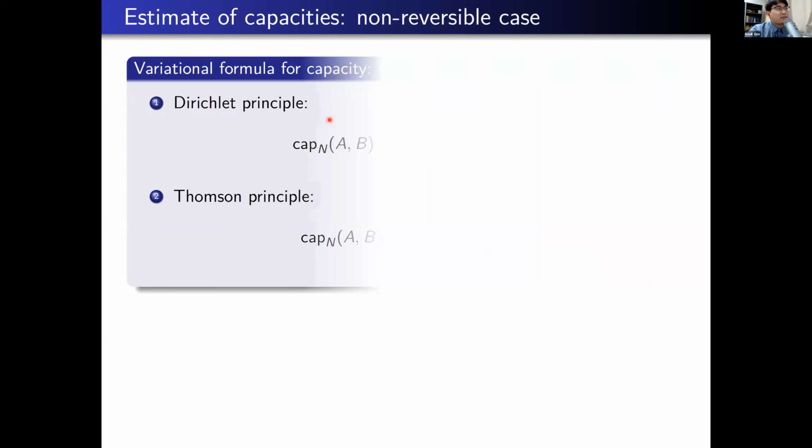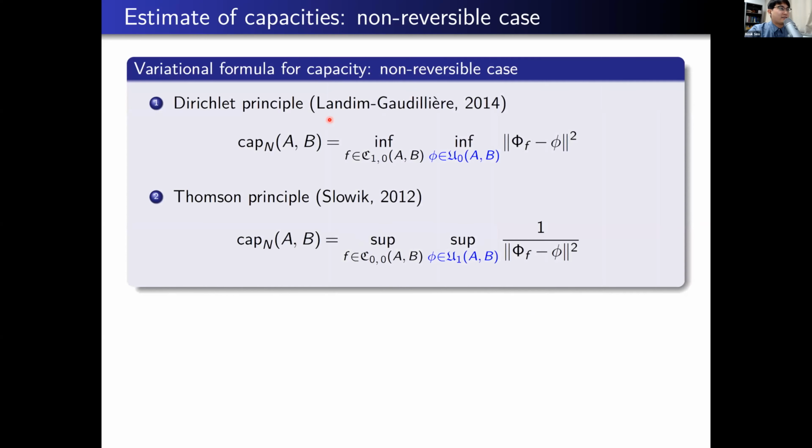However, for the non-reversible case, the story changes. We can again express capacity as a minimum or maximum of a certain quantity, so we can, in principle, do the same thing. The problem is that now we have to construct this divergence-free flow.